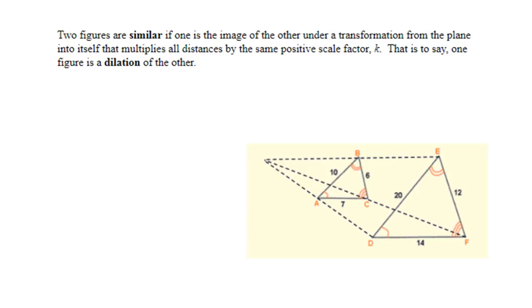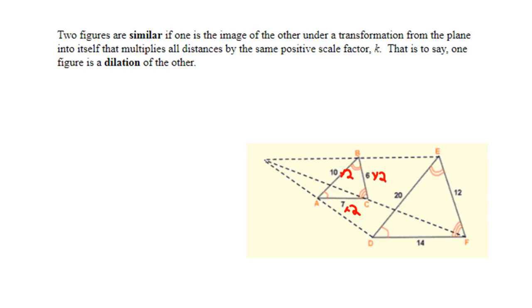And we talked about this when we talked about transformations. Dilation just means we're taking one object, one shape, which in this case we've got triangle ABC, and we're dilating it by a factor of 2 for every length. We're just going to multiply by 2, and we will get that new triangle of 20, 12, 14.